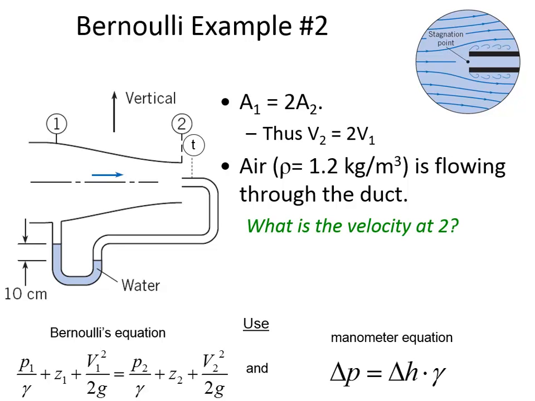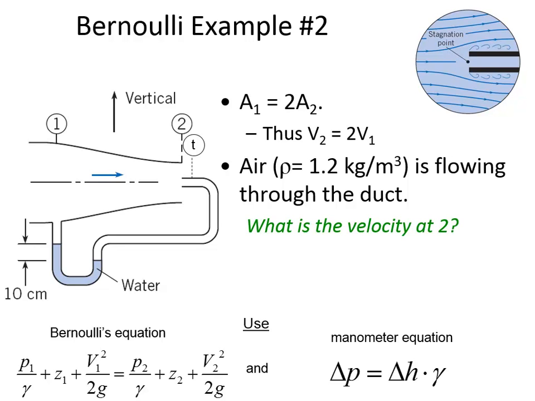This can be arranged as the pressure in the tube minus P1 is equal to the density times velocity at 1 squared divided by 2. And we make the substitution, then we've got 981 newtons per meter squared, which was from the manometer part of the problem, is equal to, for the density of air, 1.2 kilograms per cubic meter, times the velocity 1 squared divided by 2.